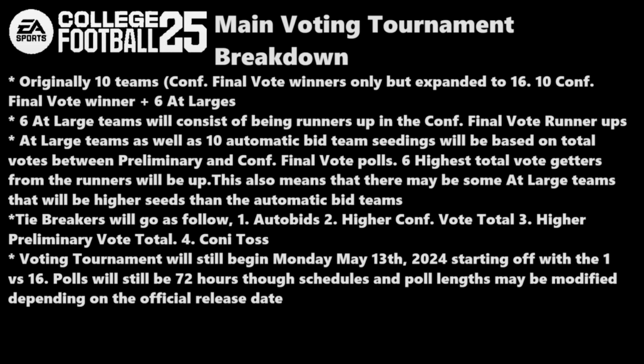And if there is a tiebreaker between 2 automatic bids or 2 at-large teams, the second tiebreaker will be the highest total number of votes they received in the conference final. Then the third tiebreaker will be the higher preliminary vote total, and if we have to get that far, a coin toss to decide the seeding, which I don't think we got that far in this tournament.